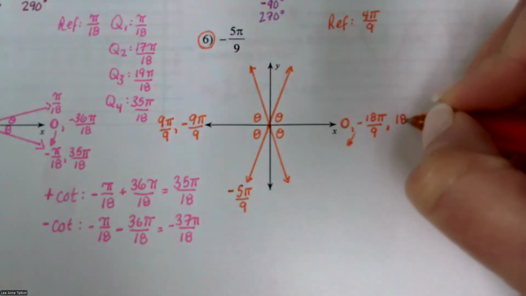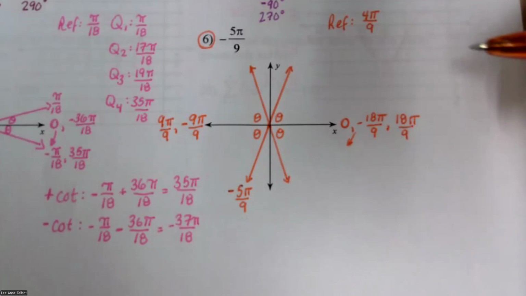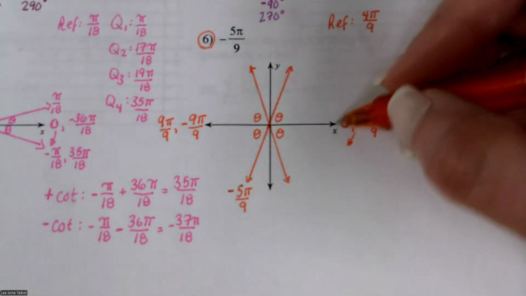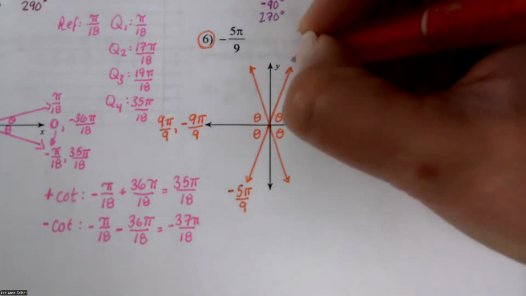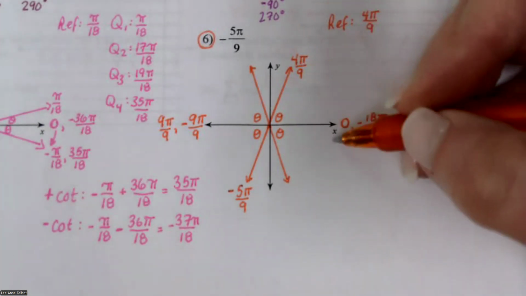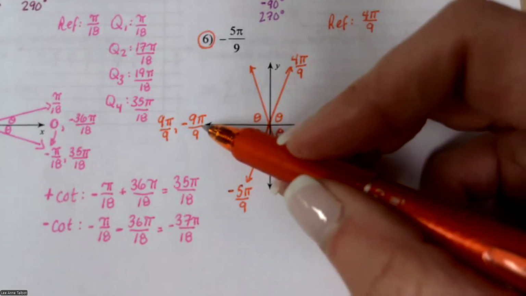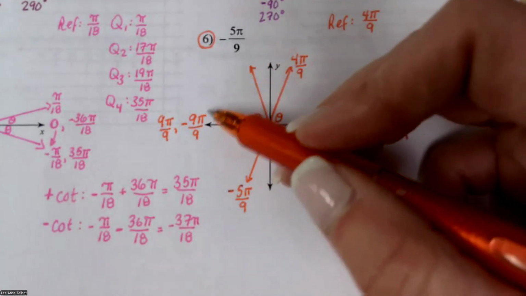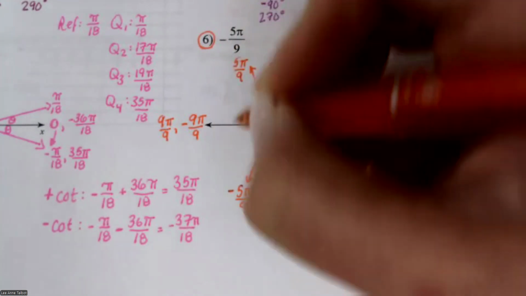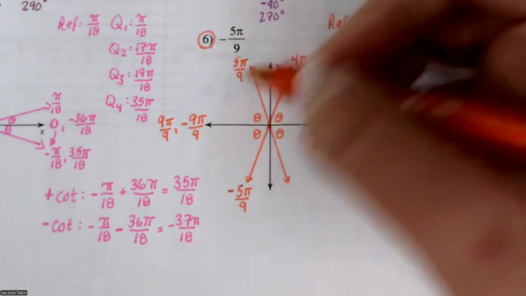And this is positive 18 pi over 9. Okay, so up here, this would be 4 pi away from 0. And here, this would be 4 pi away from 9. Does that make sense?